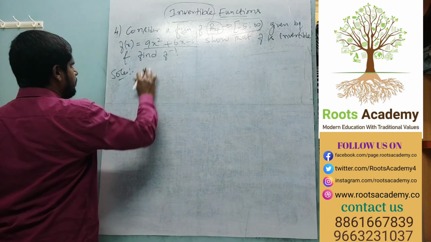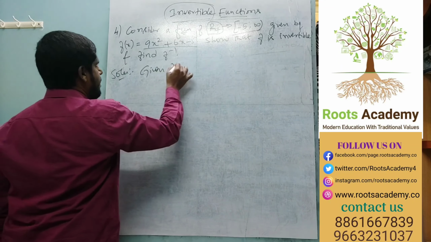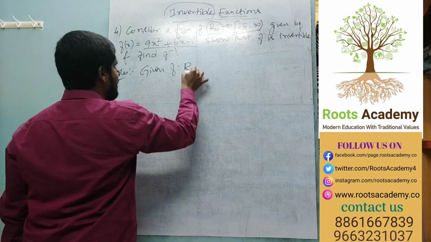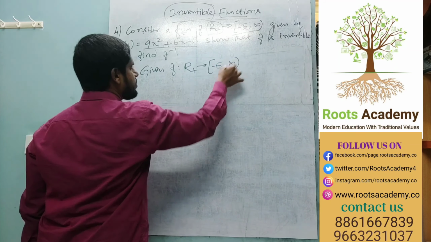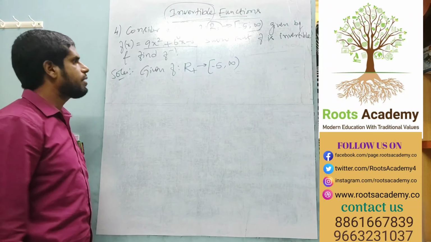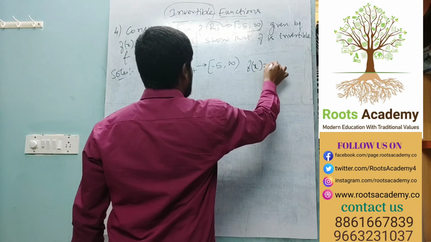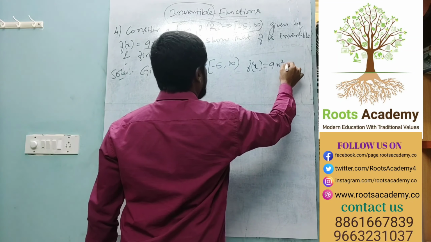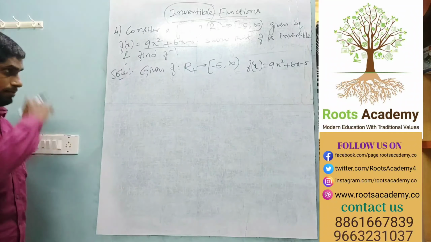Solution. First we'll take the given f from R plus to the closed bracket minus 5 to infinity, and f of x is 9x square plus 6x minus 5.